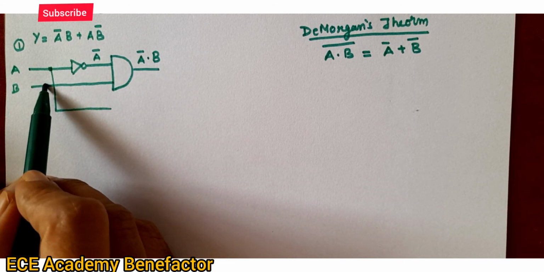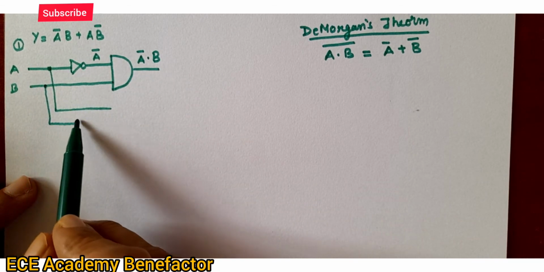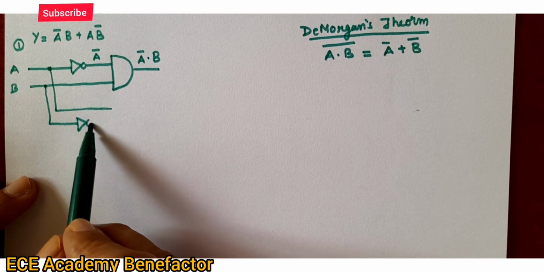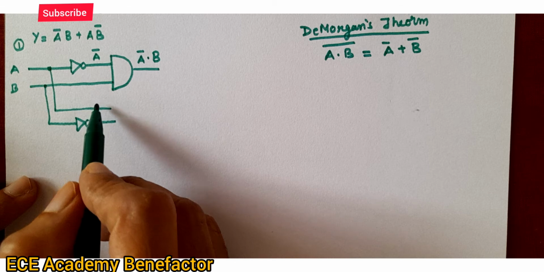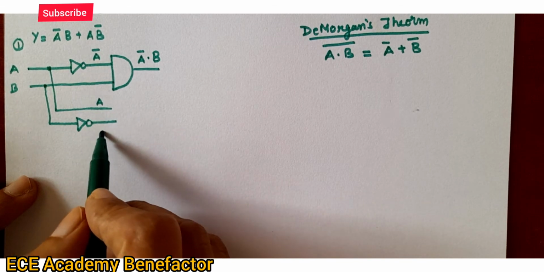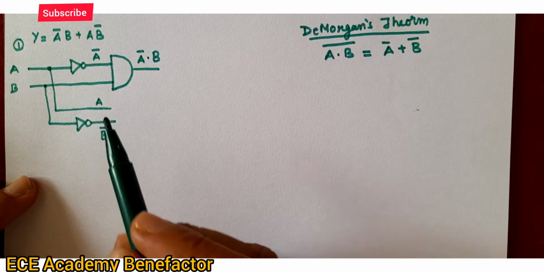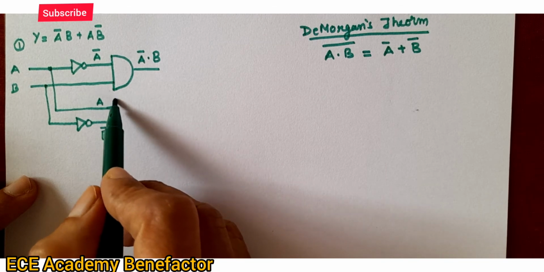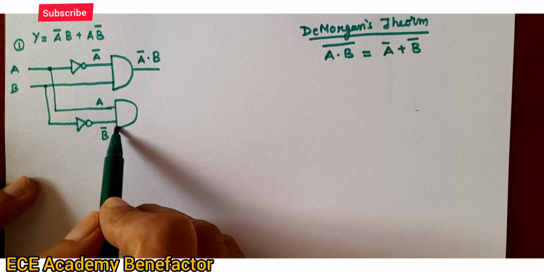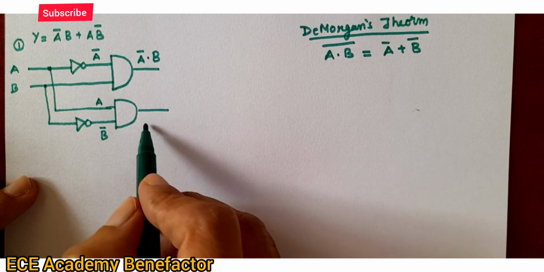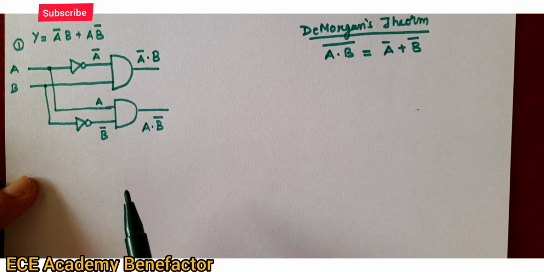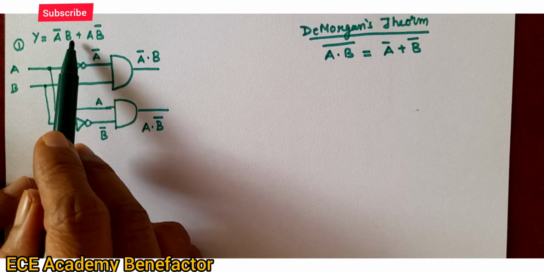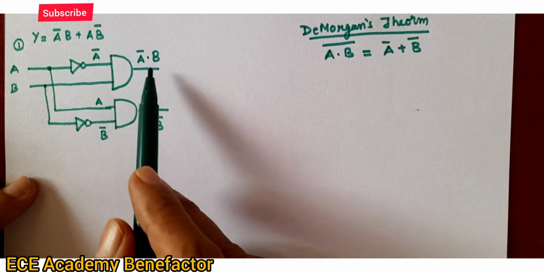So, from B line connect one NOT gate like this. So, you are getting here A and here it is B bar. Give it to AND gate. Here you will get A dot B bar. A bar B plus A dot B bar. You got both the terms.